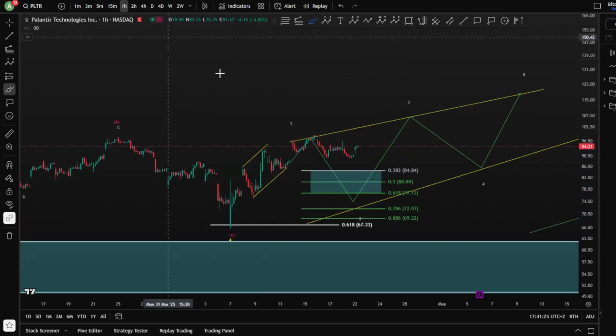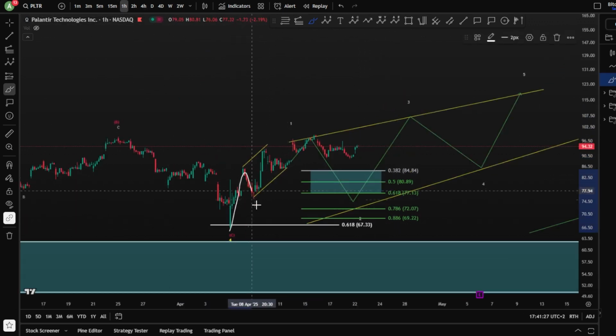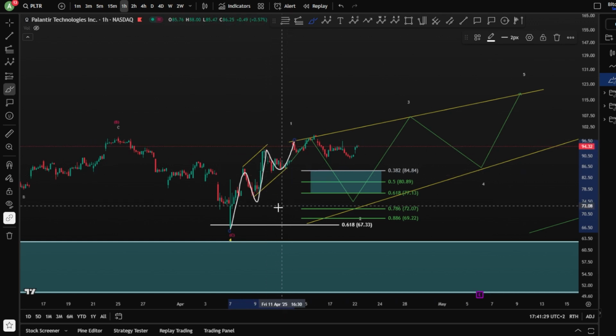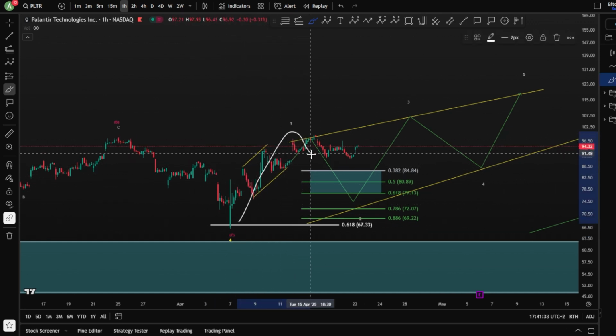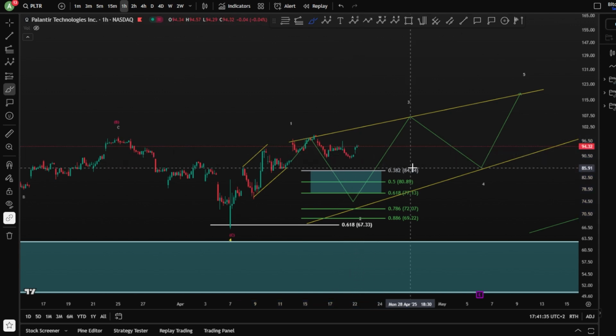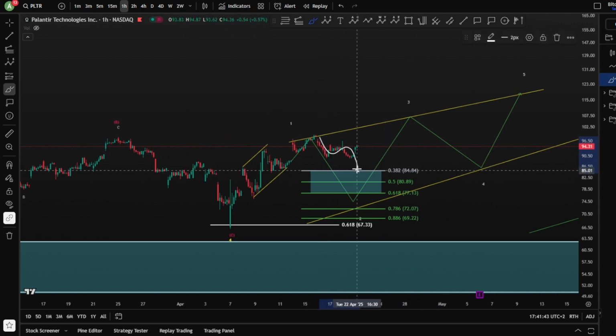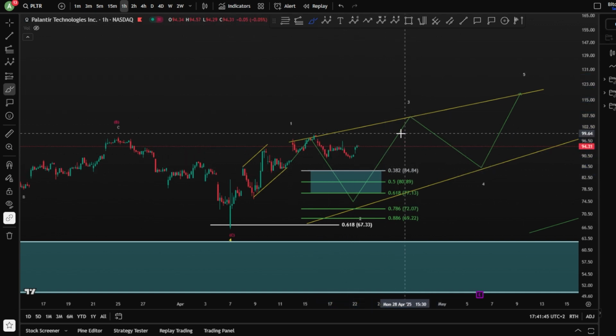That is because on the 1 hour chart we can see a formation, kind of a leading diagonal, 1, 2, 3, 4, and a 5. It can be a wave 1, and you're looking right now for kind of a wave 2. However, a wave 2 needs at least a fib level to say that we have reached the requirements for a wave 2 and then move towards the upside.